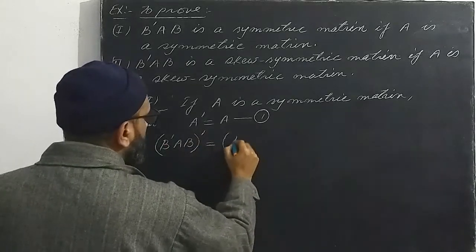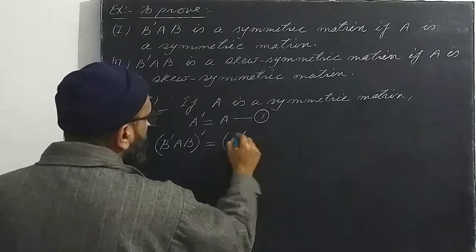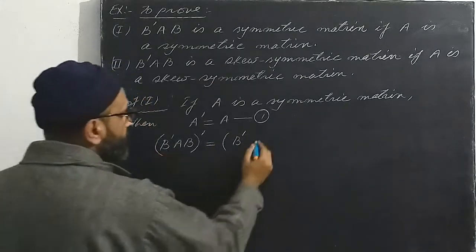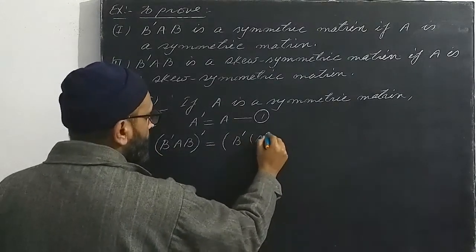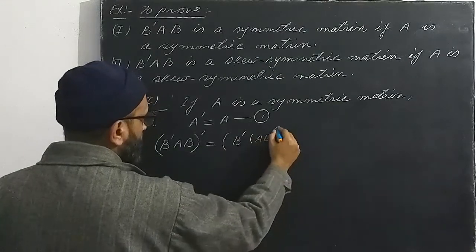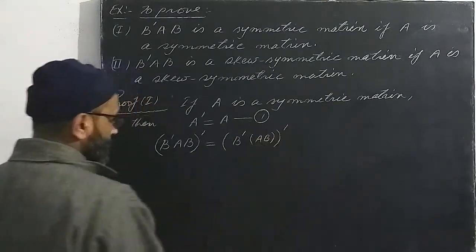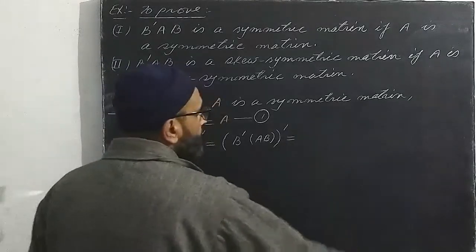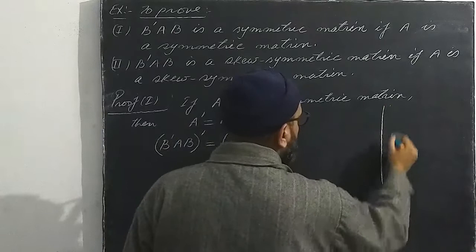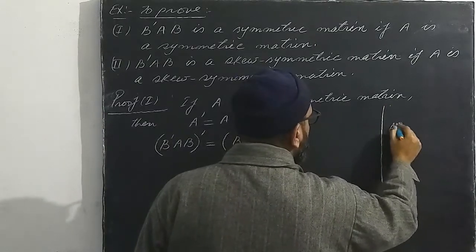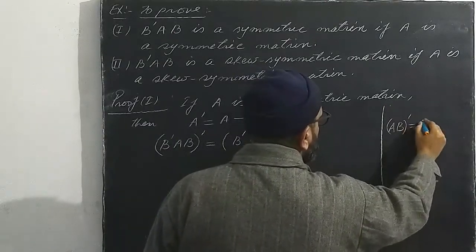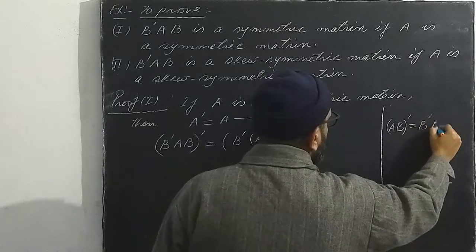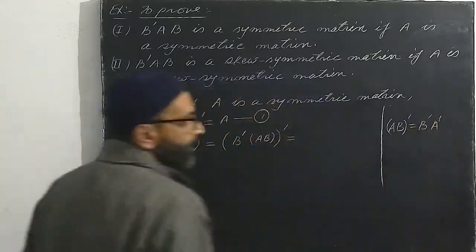Now we have to consider B' as one matrix and the product of AB as the second matrix. So we may apply the property (AB)' is equal to B'A'.